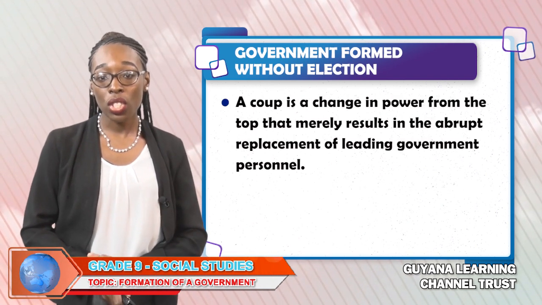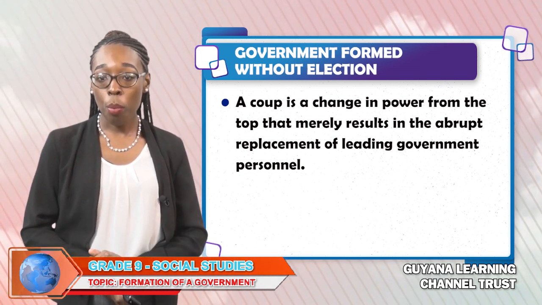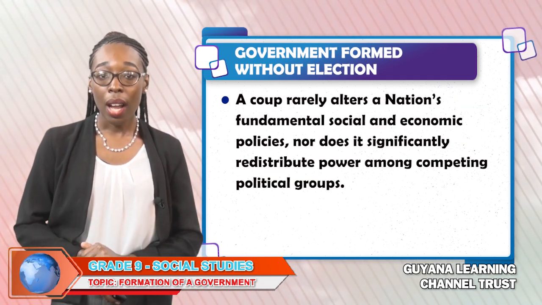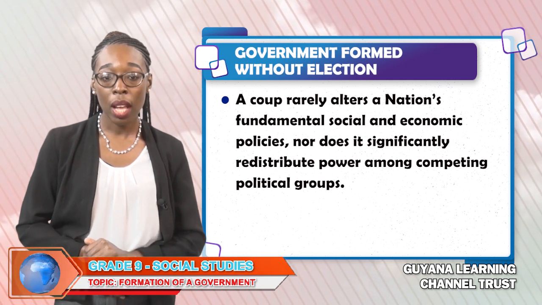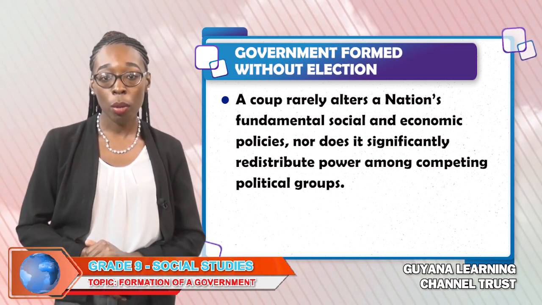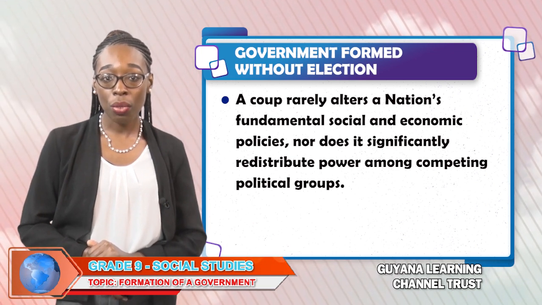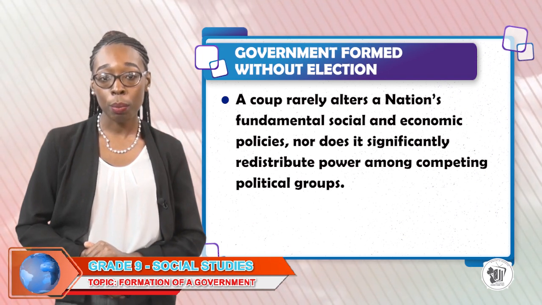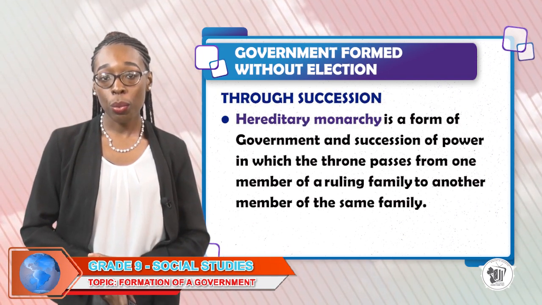A coup is a change in power from the top that merely results in the abrupt replacement of leading government personnel. A coup rarely alters nations' fundamental social and economic policies, nor does it significantly redistribute power among competing political groups. The second one that we mentioned is through succession.